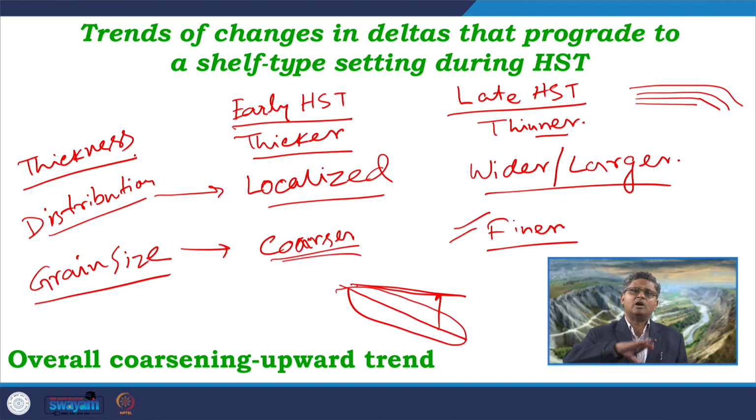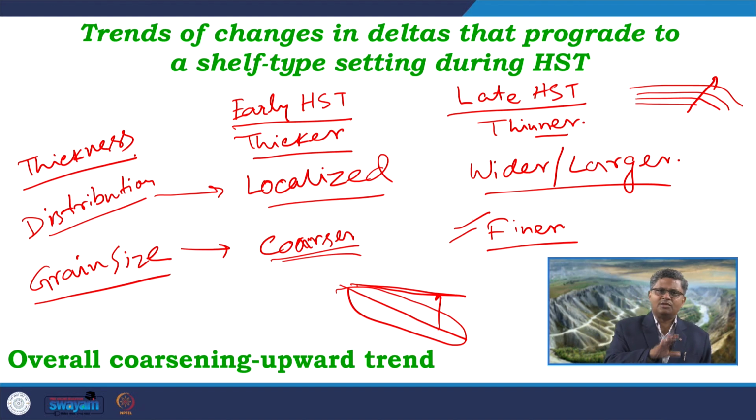But if I look into the overall pattern starting from here to here within a prograding delta system, we always get an overall coarsening upward trend, which is a characteristic of any regression.